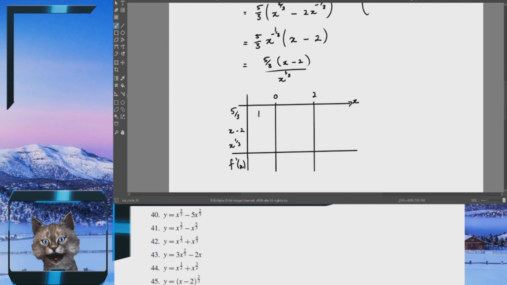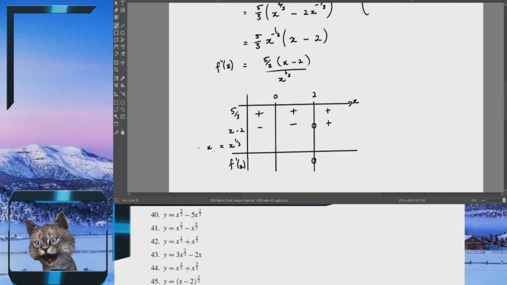Is the derivative positive or negative? Well, 5 over 3 is always positive. X minus 2 is 0 when x is 2. It's in the numerator, so it'll make the derivative 0. It's going to go negative to positive.